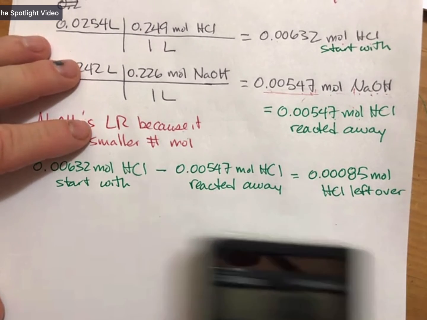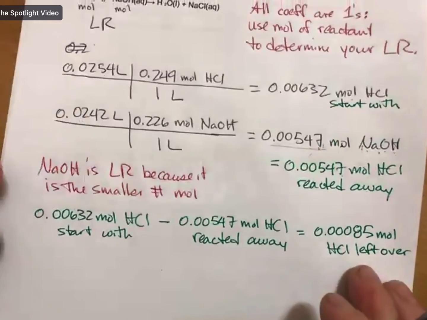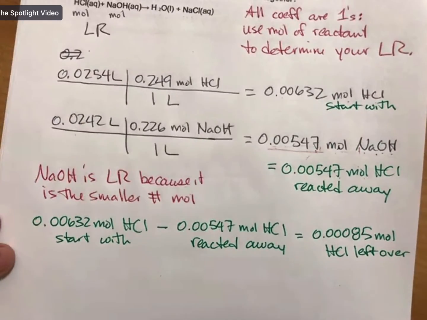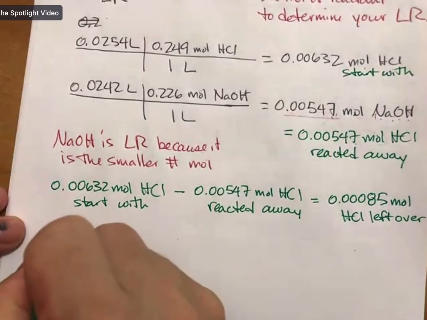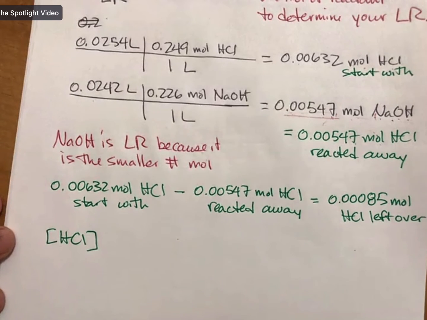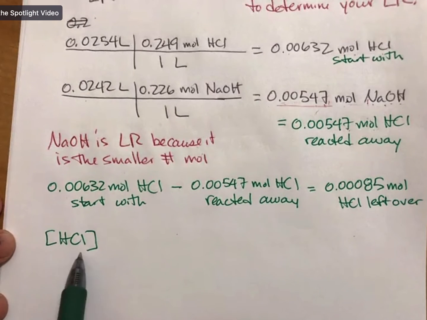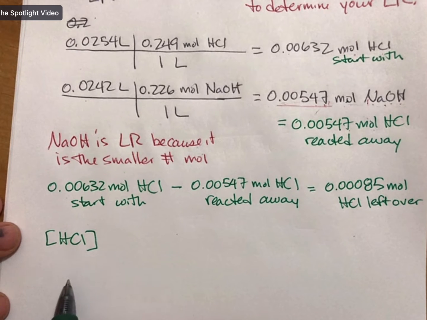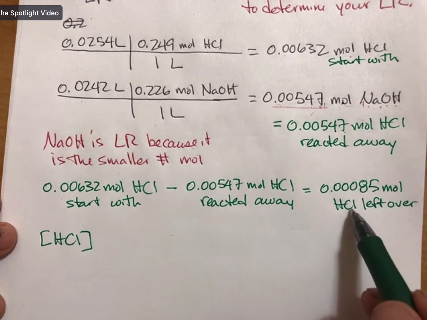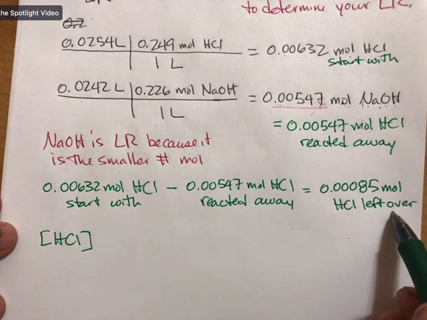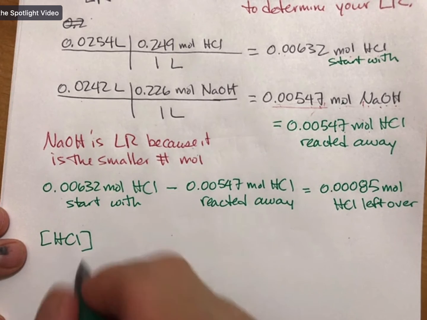Now, there's a couple other things we have to do in order to get to pH. We need to find the concentration of our HCl, where I'm using square brackets to tell me that I'm talking about concentration. Our concentration of HCl is going to be our moles of HCl left over divided by our total volume.